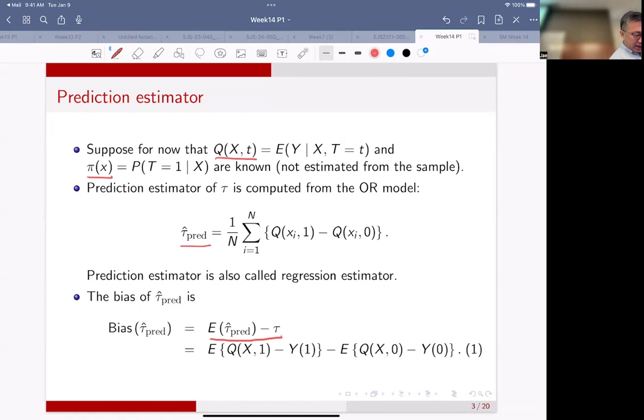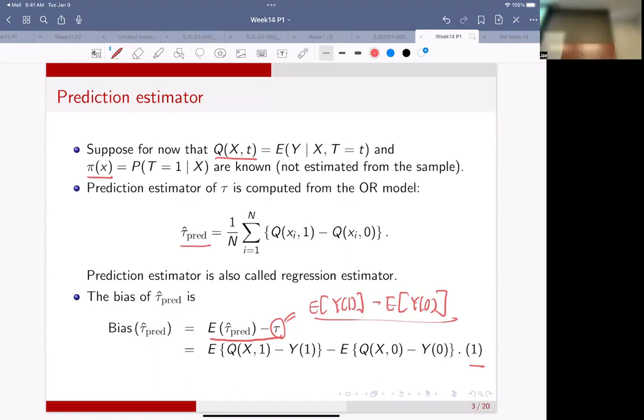This is just the expectation of Y1 minus the expectation of Y0, and then this is just the expectation of this term. That's the bias.